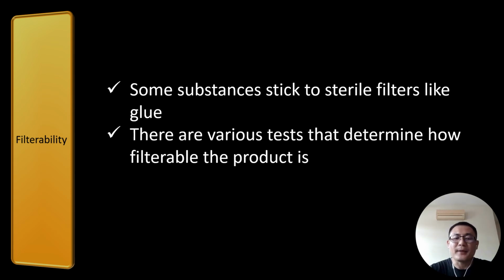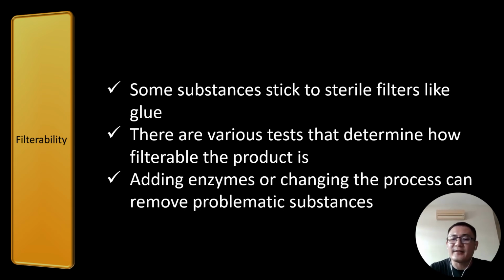Testing methods like the base hydrolysis method, substitution method, and HPLC method can be used to check the content level of these substances. Subsequently, we will be able to know how filterable the product is. We can add enzymes to the product in order to remove these substances. For example, the enzyme glucanase can be used to remove glucans.